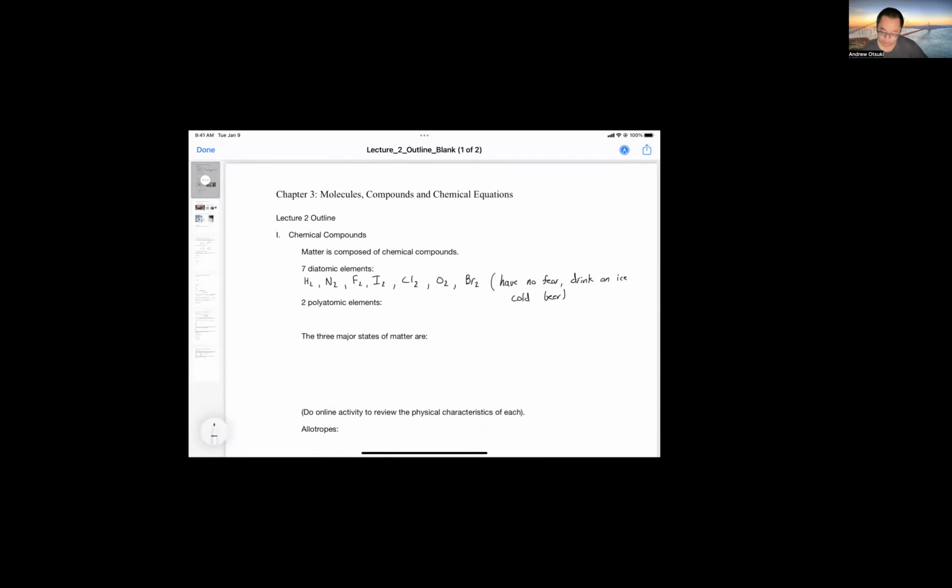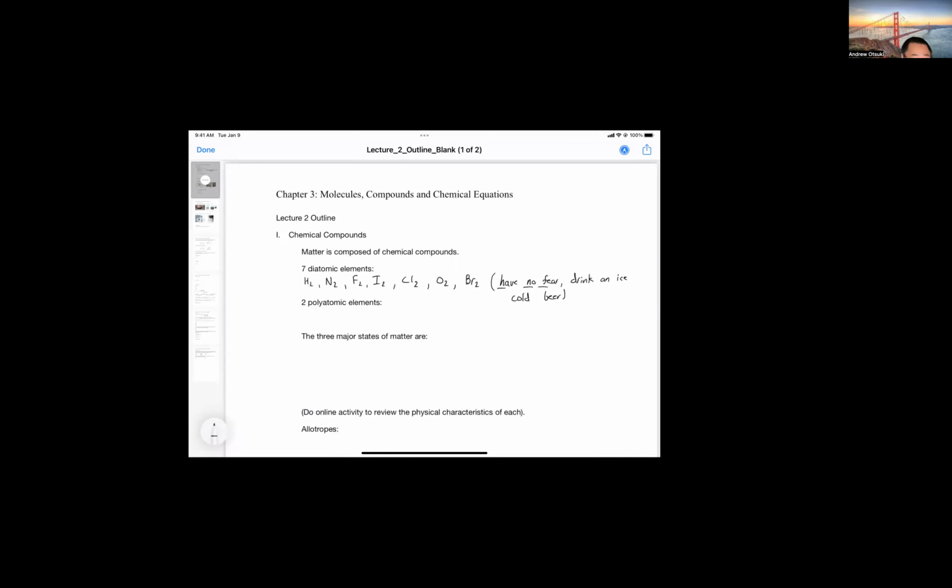Or, a beverage for the last diatomic element. So hydrogen, H, nitrogen, chlorine, oxygen.